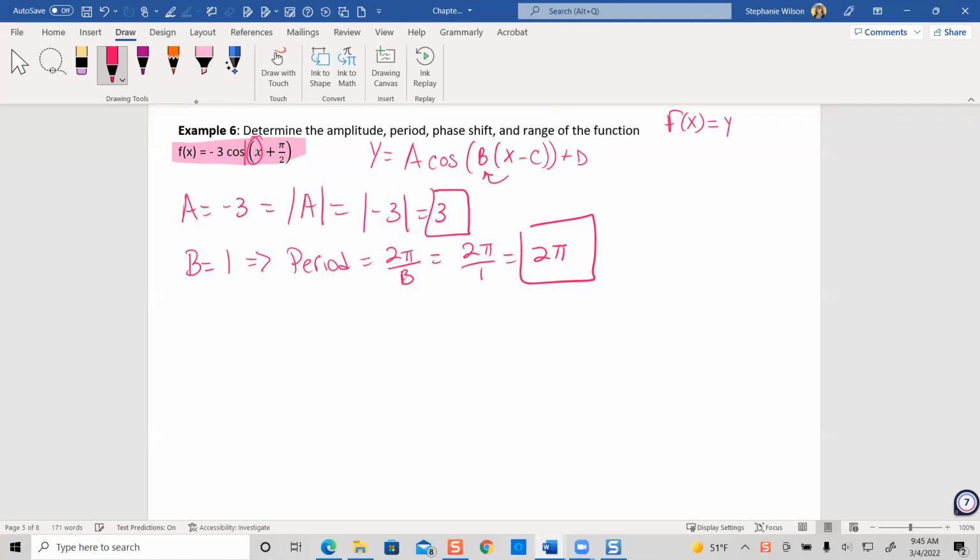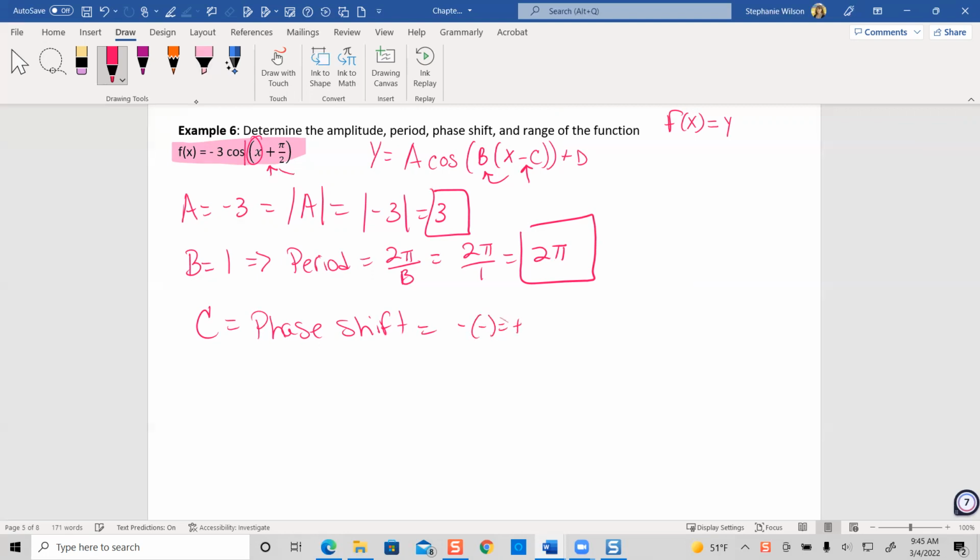So I know my amplitude, I know my period. Now c represents my phase shift. However, you notice here, the original formula says minus, and what was given is a positive. So in order to make that a minus, I know that negative times negative is a positive, right?